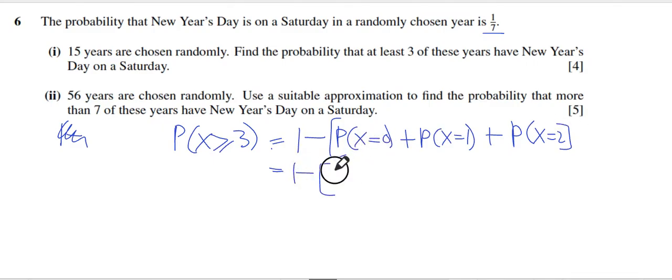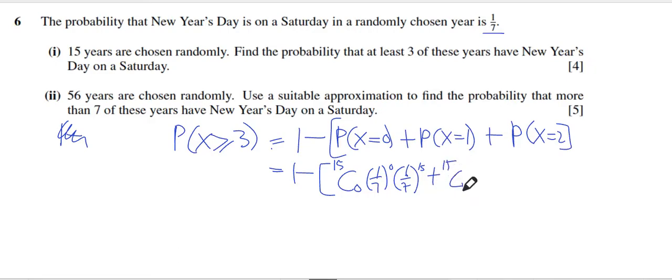Now let's find the probability for these values. 15C0, where the success here is 1 over 7 and the failure here is 6 over 7, to the power of 15.